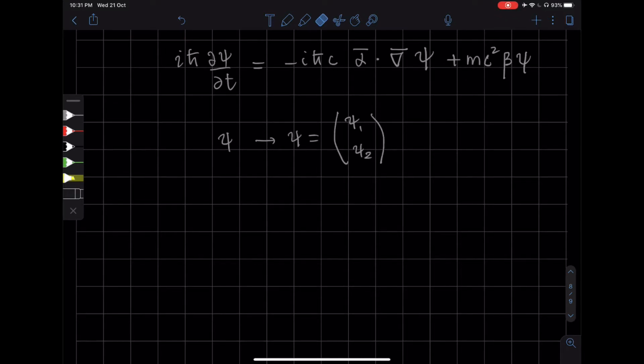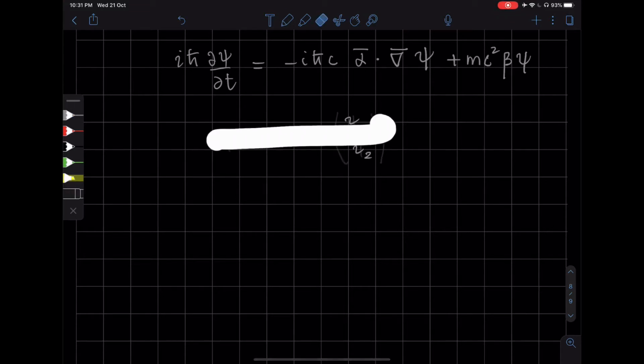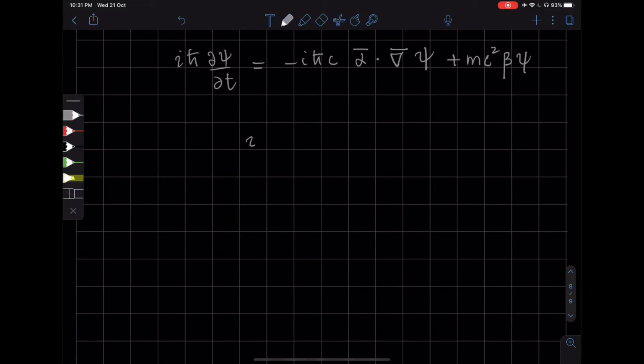Before we go to that, let's scratch this out because this is not true. So what Dirac assumed is that psi was a matrix, so it has a matrix index A. This is not a spacetime index, this is some other index A. And alpha is a triplet of matrices, so let's call it alpha 1, alpha 2, and alpha 3.